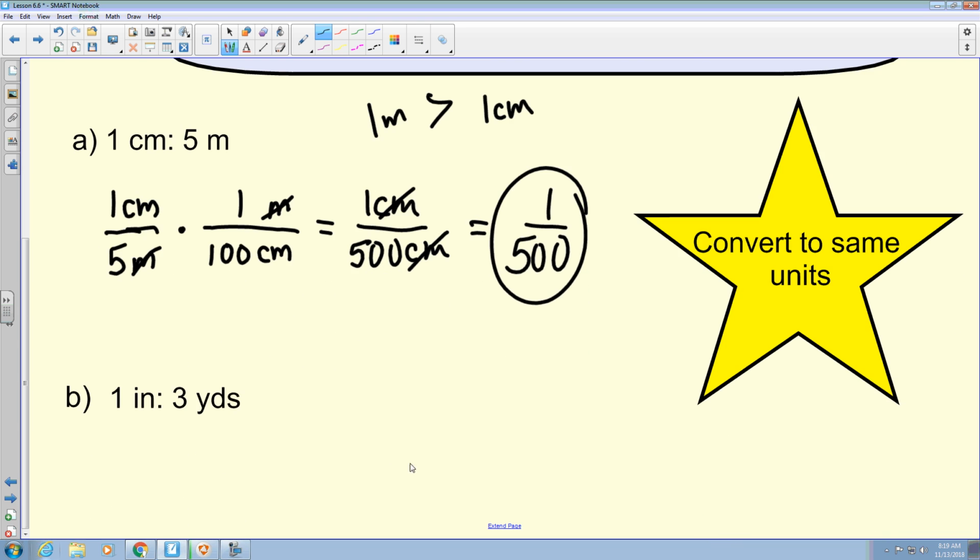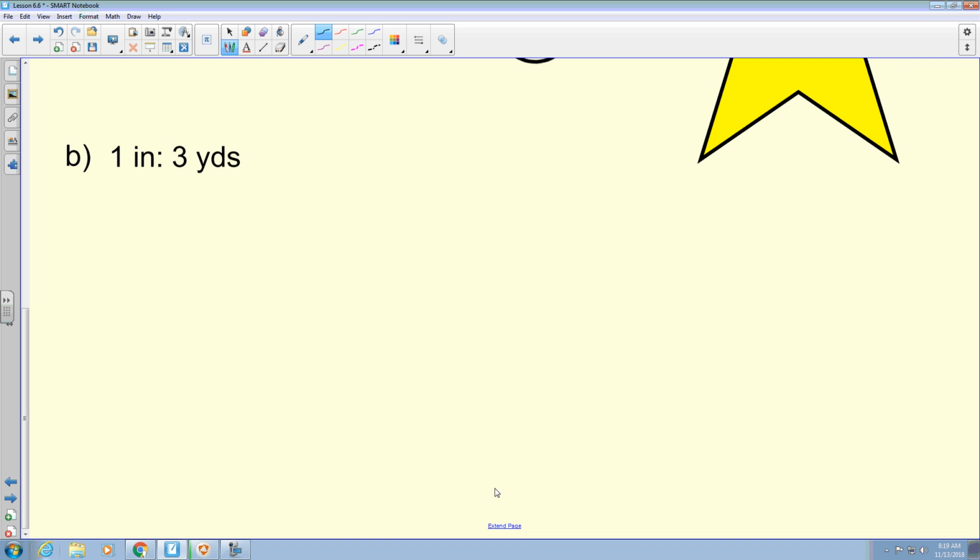Looking at another example, I have 1 inch to 3 yards. So again, I go 1 inch over 3 yards. I have to ask myself, is 1 inch larger than 1 yard? The answer is no. 1 yard is larger than 1 inch. So that's what we look at when it comes to finding the scale factor.